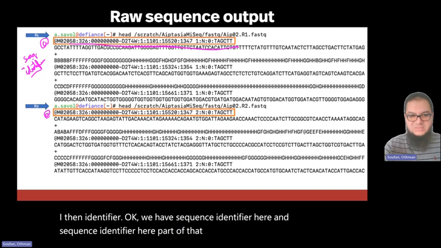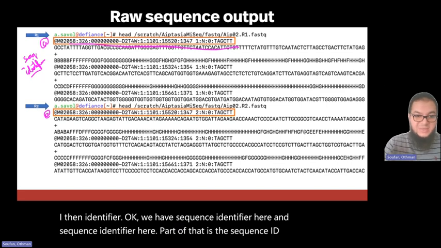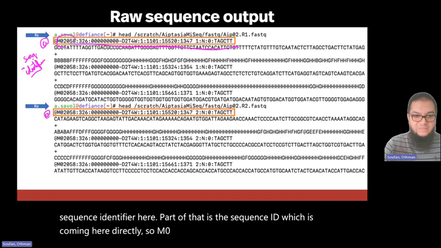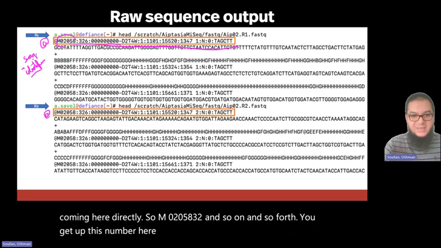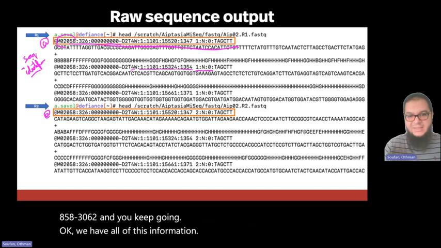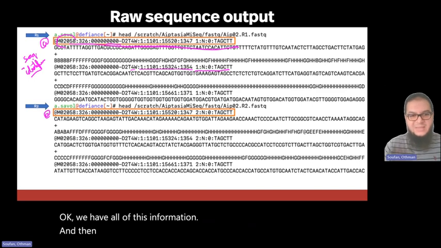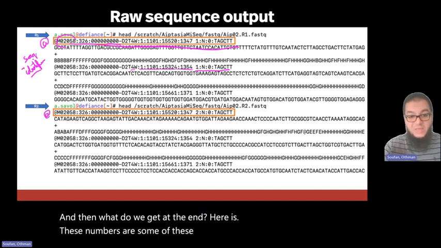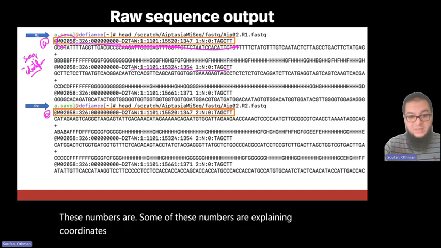Part of that is the sequence ID, which is coming here directly. So M0, 20, 58, 32, and so on. You get this number here, and 58, 30, 62, and you keep going. We have all of this information, and then at the end, some of these numbers are explaining coordinates.